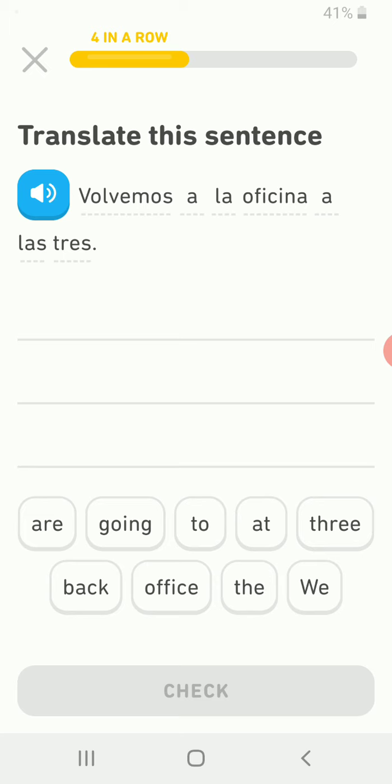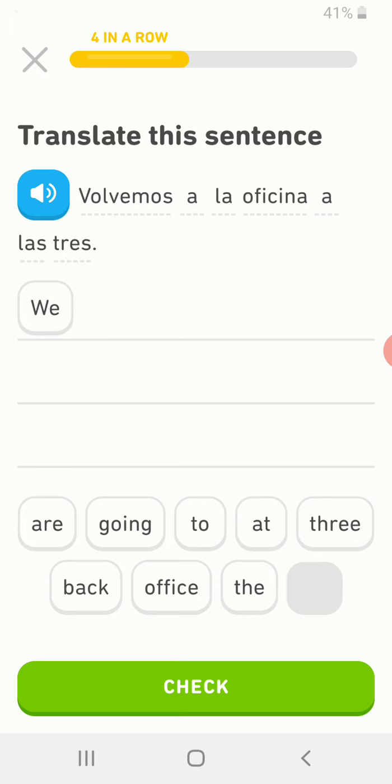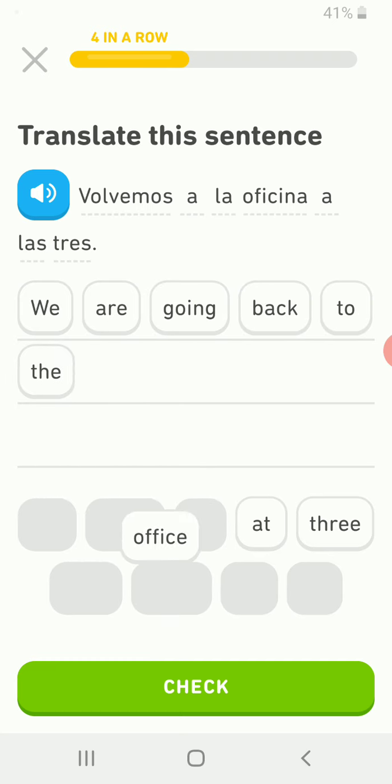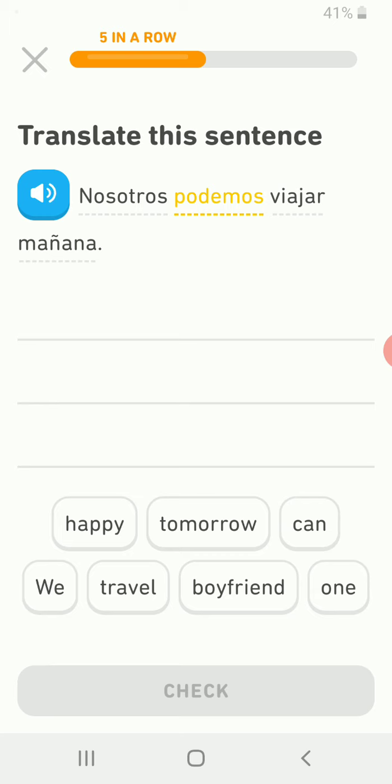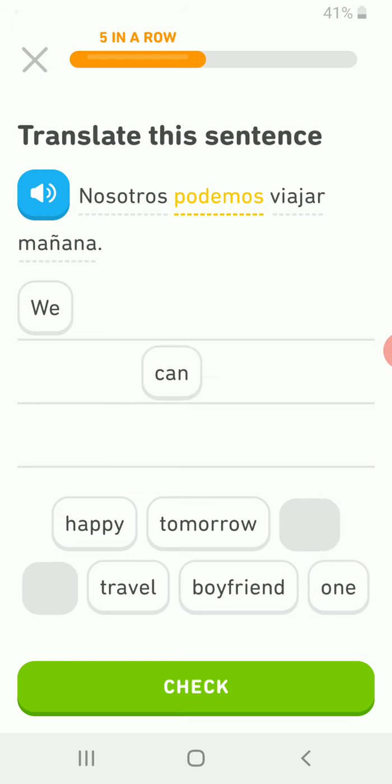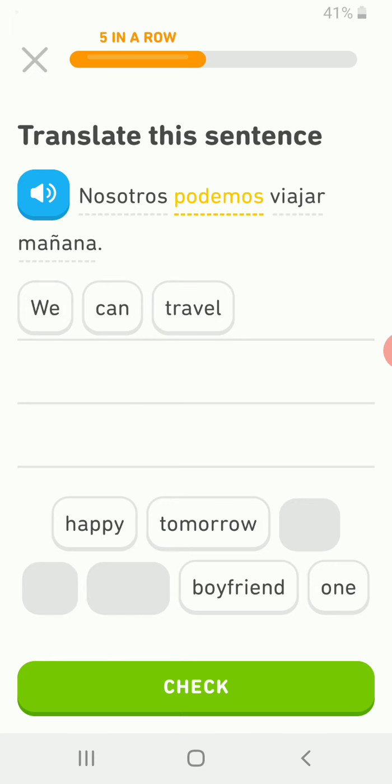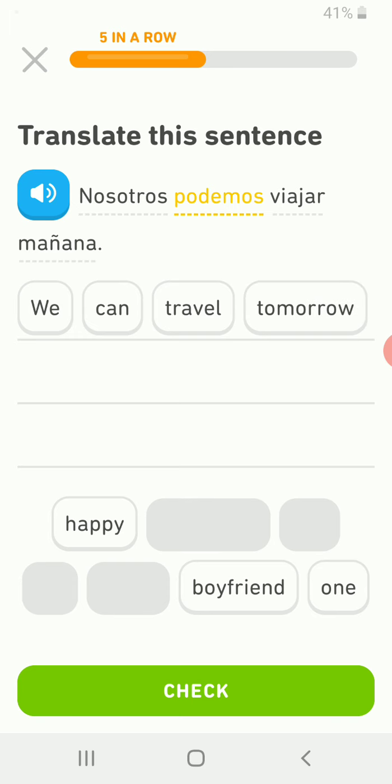Volvemos a la oficina a las 3. So we are going back to the office at 3. And nosotros podemos viajar mañana. We can travel tomorrow.